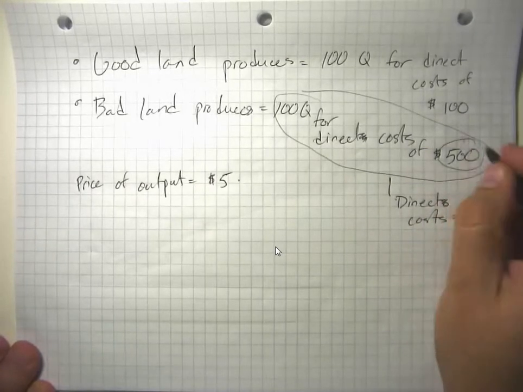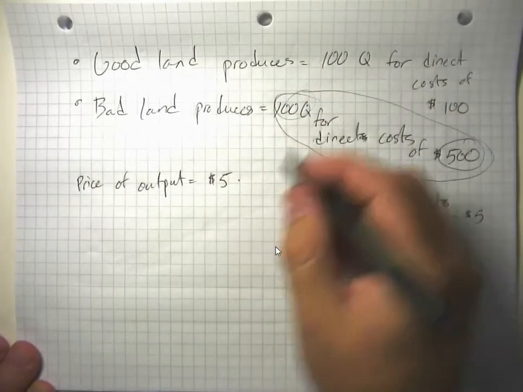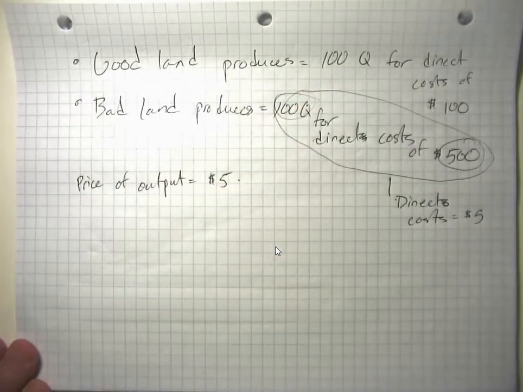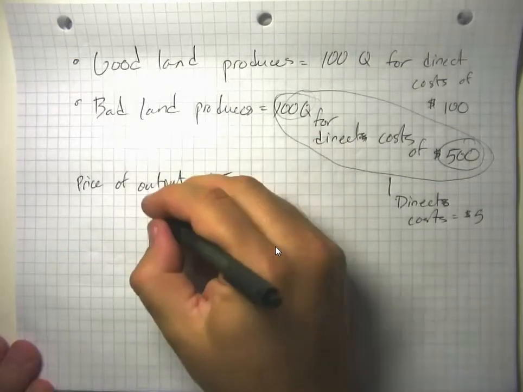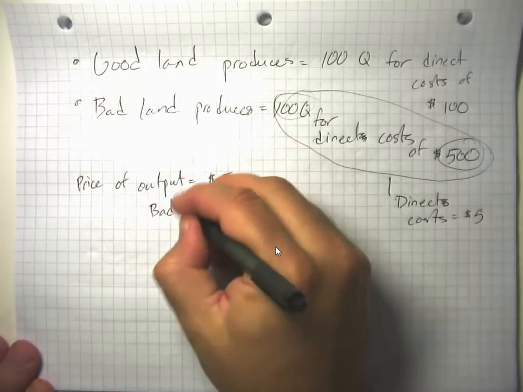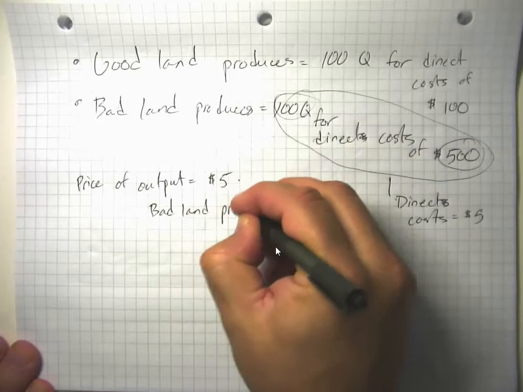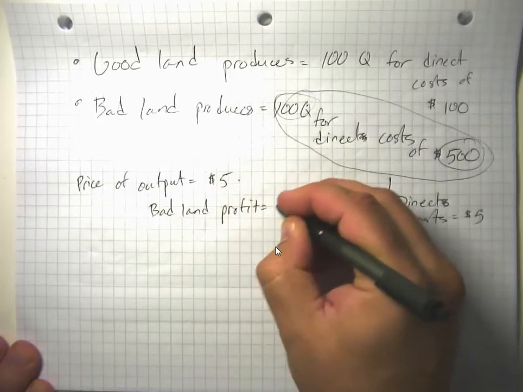We had $500 of cost divided by $100. So how much profit does the bad land produce at a price of output of $5? Bad land profit equals 0.